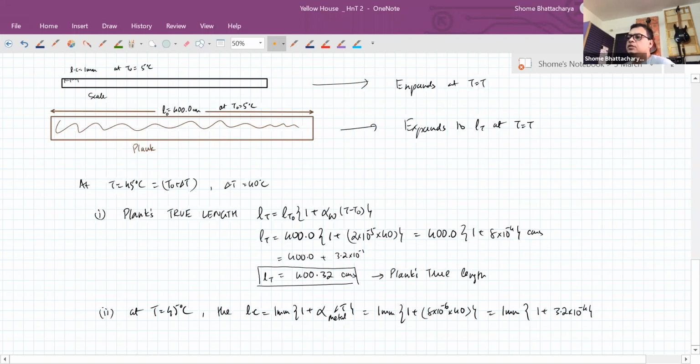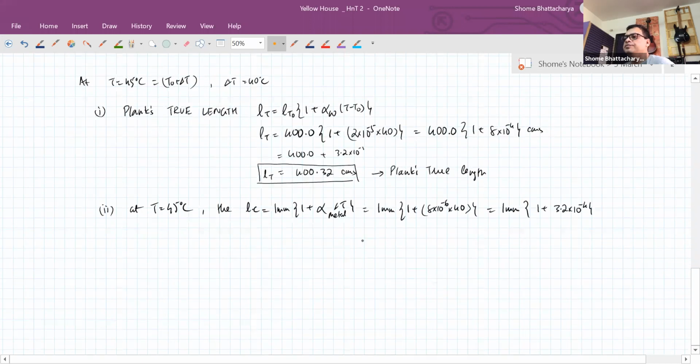It becomes this much. So you can see that the percentage error is going to be this factor converted into a percentage.